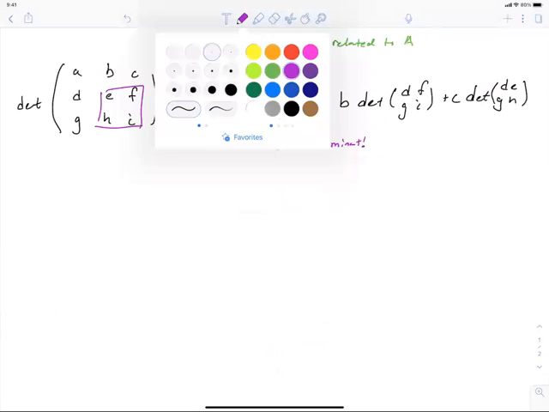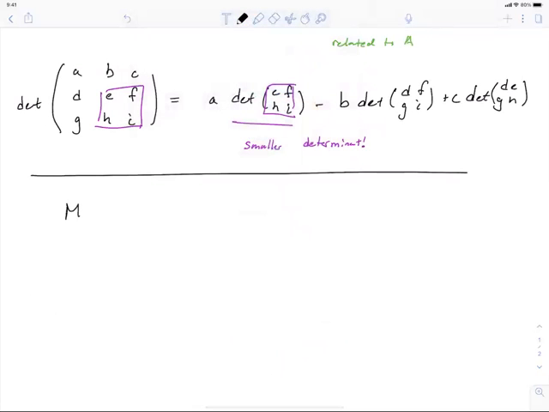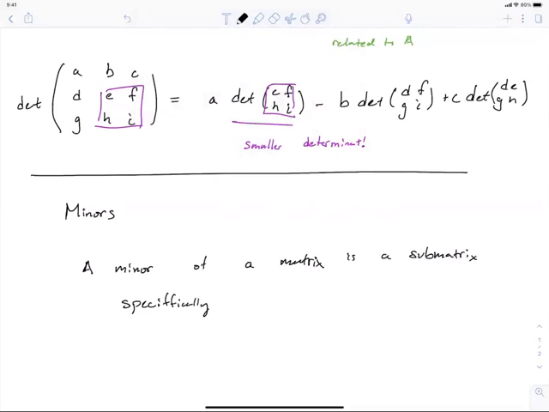So before we generalize that, we're going to talk about minors. A minor is just a submatrix, so it means smaller than before. Specifically, we're going to denote it like this.